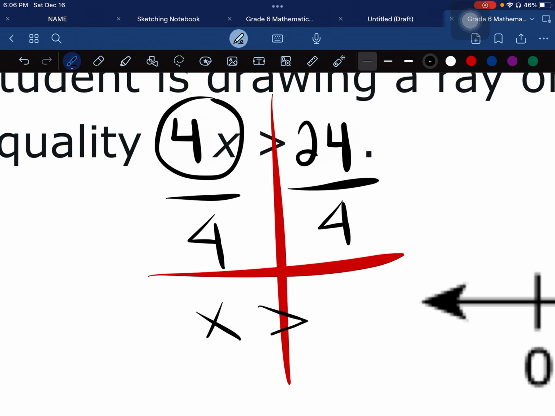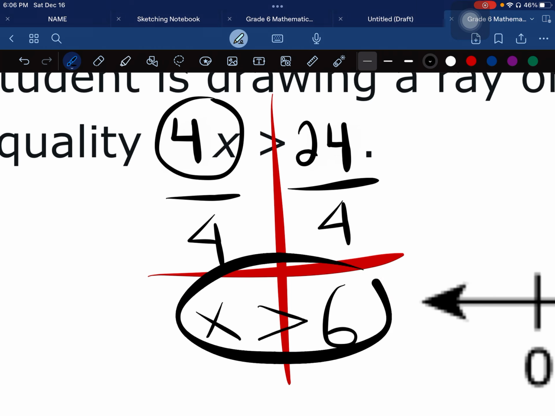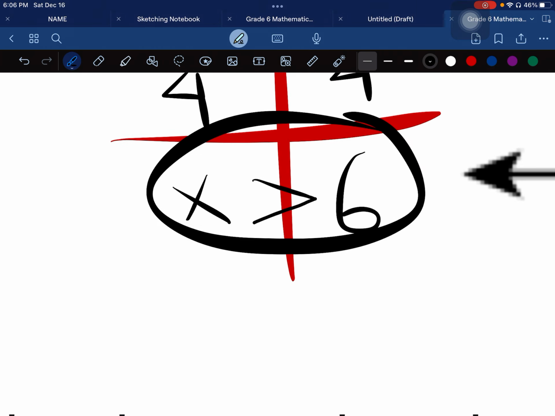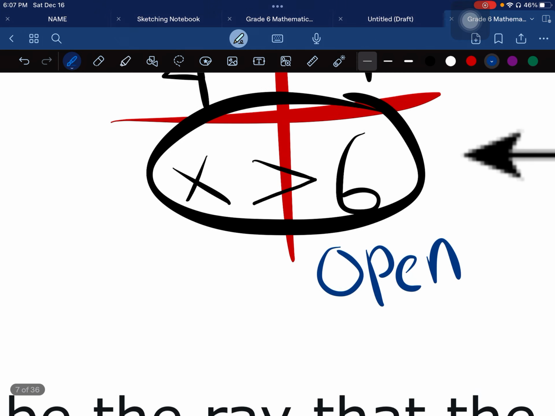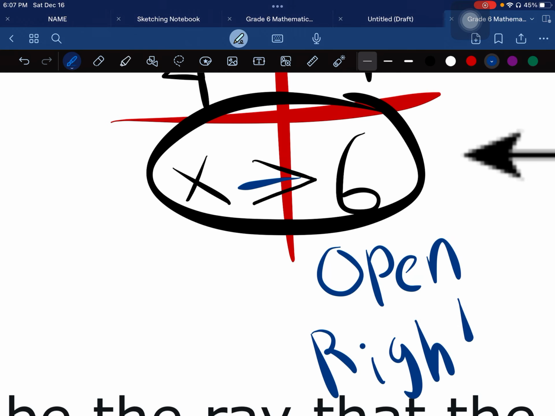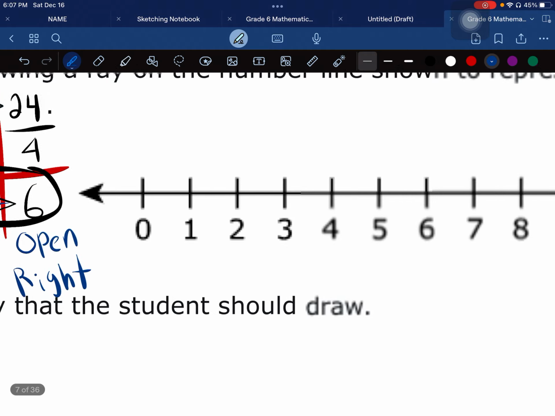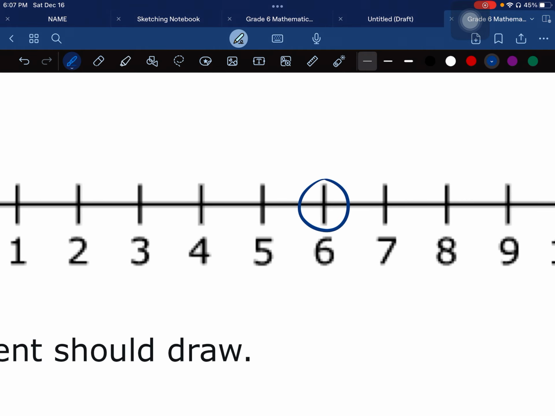We're not dividing by a negative, so that stays the same. And this is 6. So, is it open or closed, chicos? This is open. And what way is it going? To the right. Ahora, vamos a poner open y para allá.